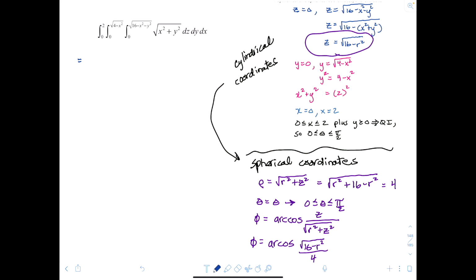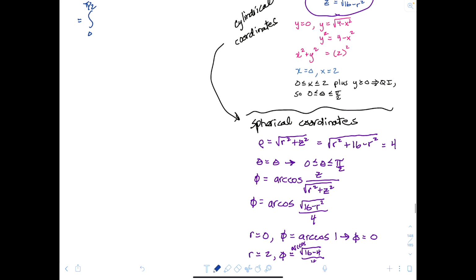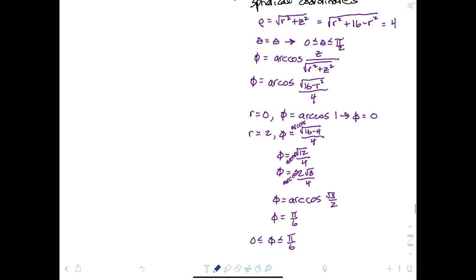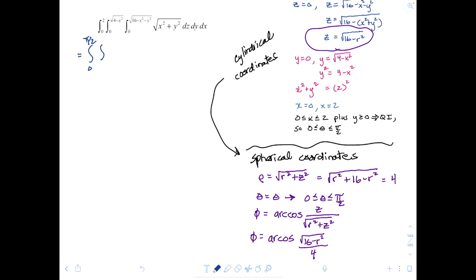Remember, for spherical, we have d rho, d phi, d theta, right? So theta didn't change. It's going to go from 0 to pi over 2. And phi, we said, is going to go between 0 and pi over 6, right? And then rho is going to go from 0 to 4.